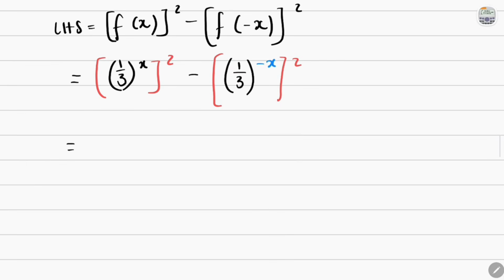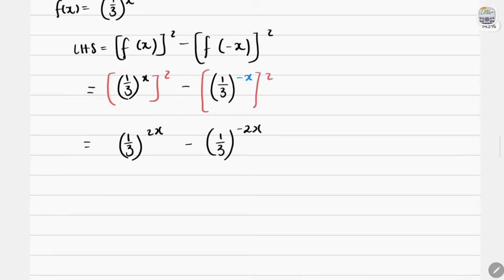Okay, so this is what we have, and we can apply this. This has a negative exponent, so I'm just going to rewrite it so that it has a positive exponent. And if you apply this here, it just becomes 1 over 3 raised to the power of 2x. And then this becomes 1 over 3 raised to the power of negative 2x.